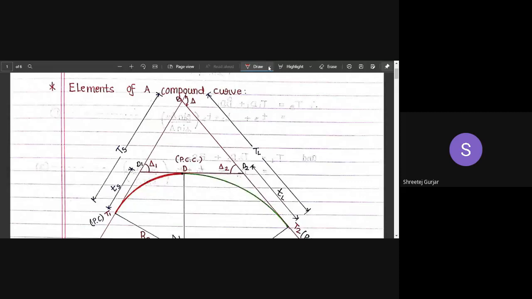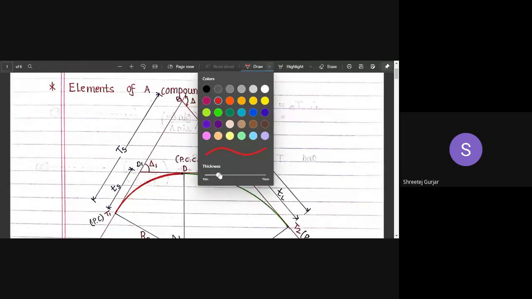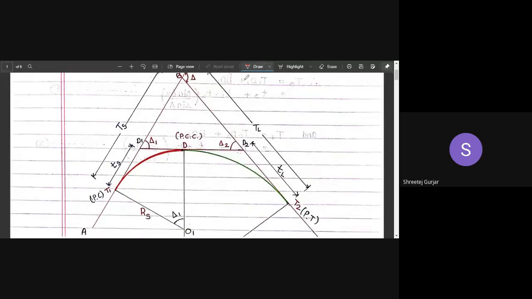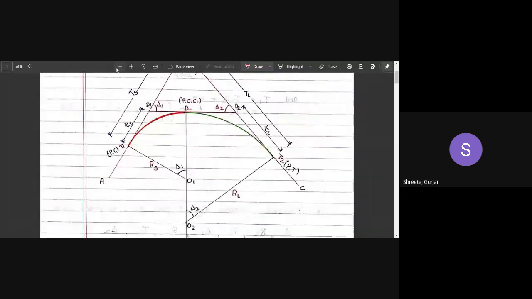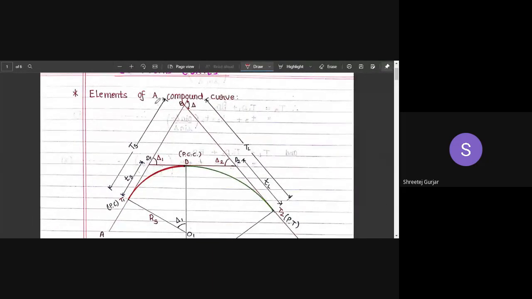We will first discuss what a compound curve is and what the various elements of a compound curve are. This is a compound curve wherein you can see one curve and one more curve, and these curves are not the same. They have different radii and different origin points, O1 and O2.